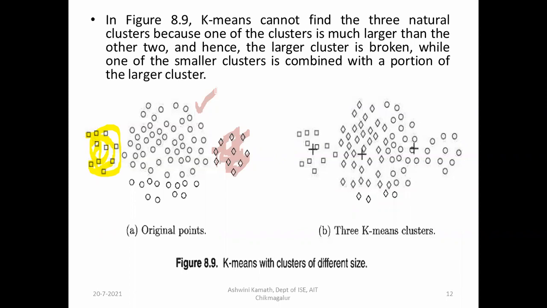It has to divide like this, but because of the size of the middle cluster, the larger middle cluster is broken, while one of the smaller clusters is combined with a portion of the larger cluster.